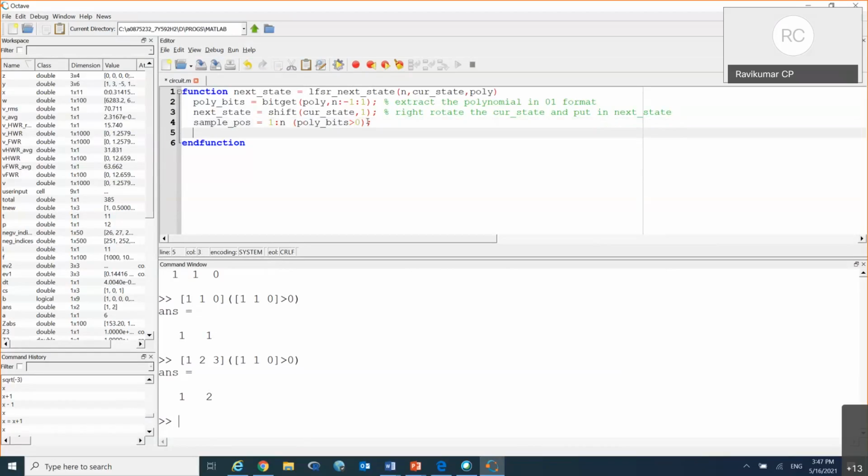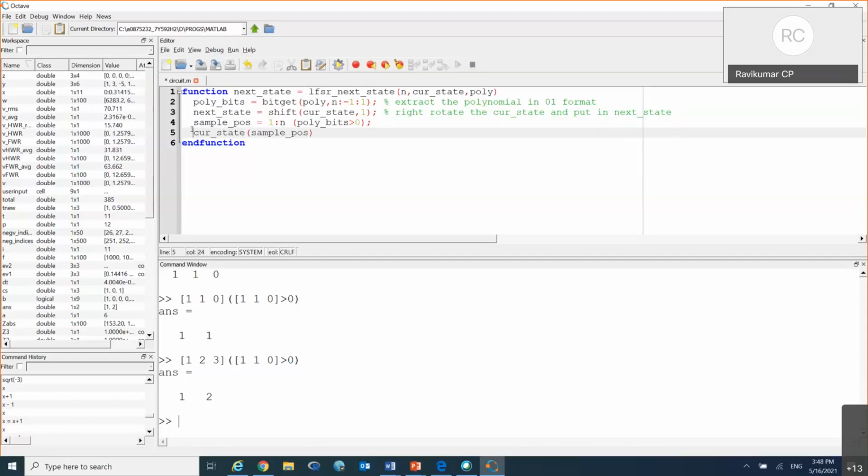And then I can say the next or the current state of sample position. Okay. So these are the ones which I am trying to sample, right? So I will have some values there, zeros and ones.